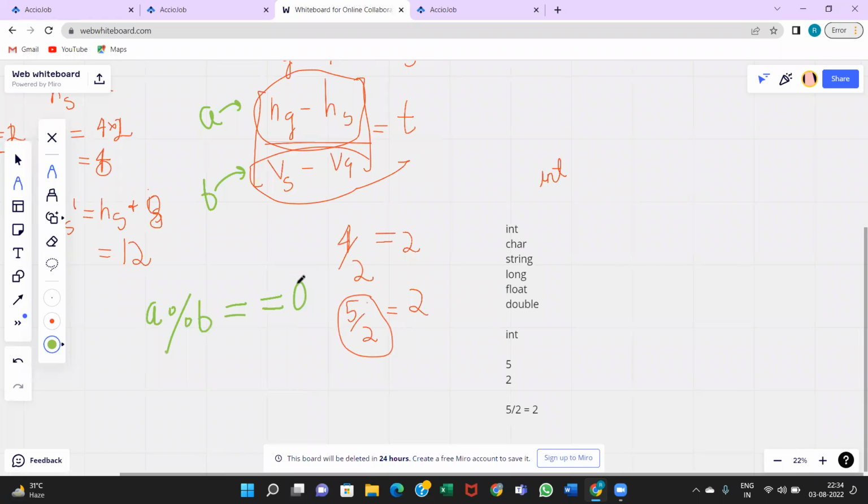It means at a certain t time unit, the heights of Jian and Sunyo are the same. Is it clear to all of you? Any doubt?